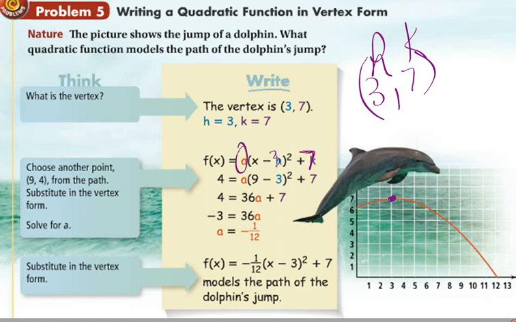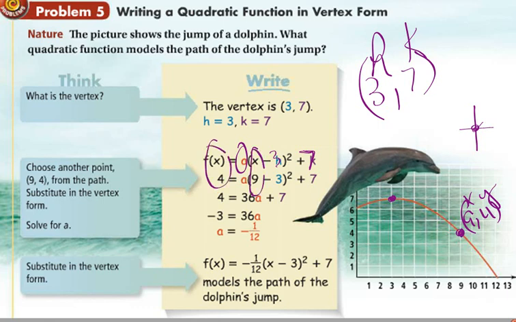Well, we don't know what a is. So what they did is they picked a point in this graph, and they picked right here where it's perfectly crossing at the grids, like right in the middle, at the point 9, 4. So they plugged 9 in for x and 4 in for y. And that's what they did here, 4 and 9.